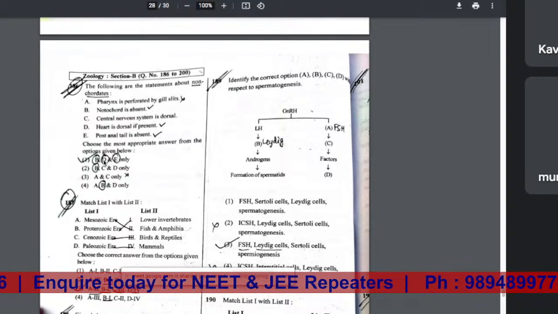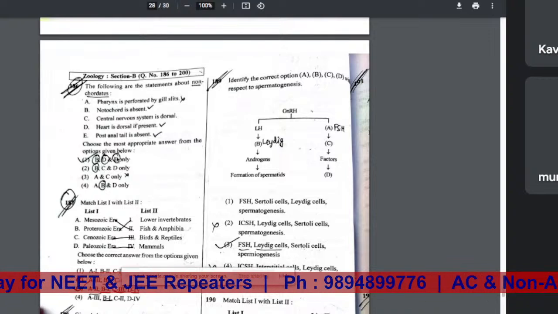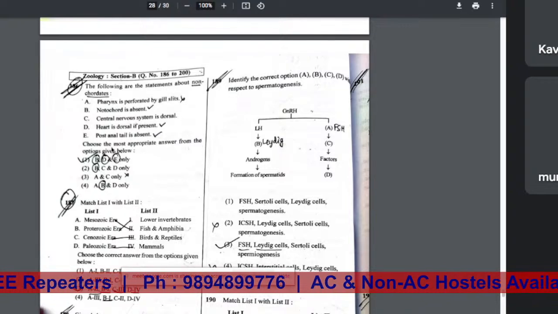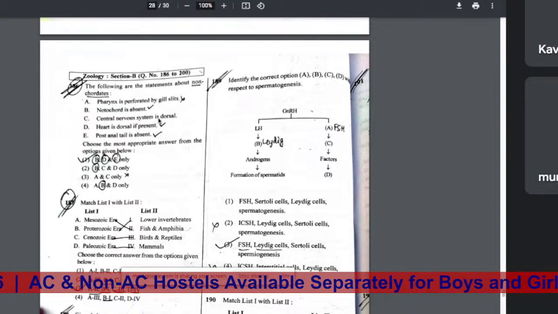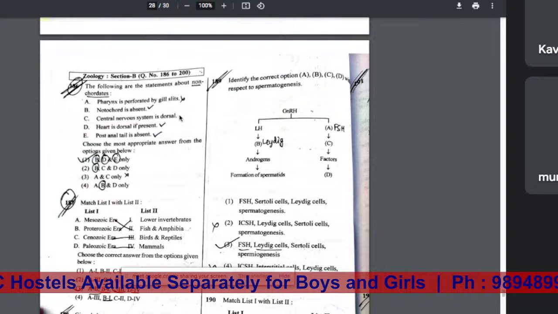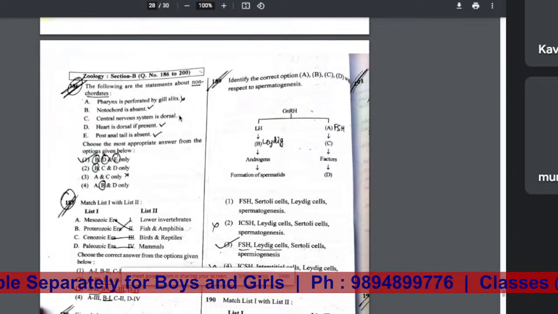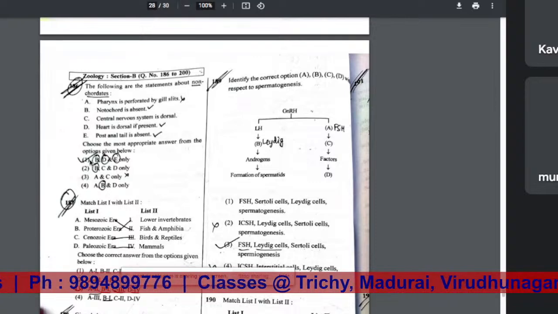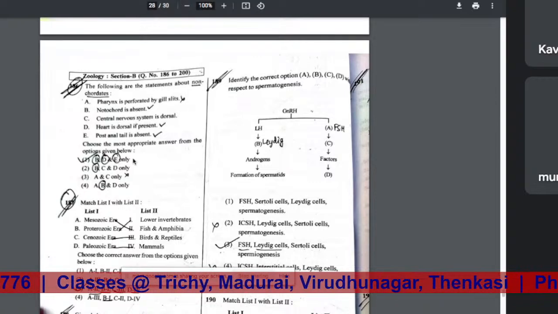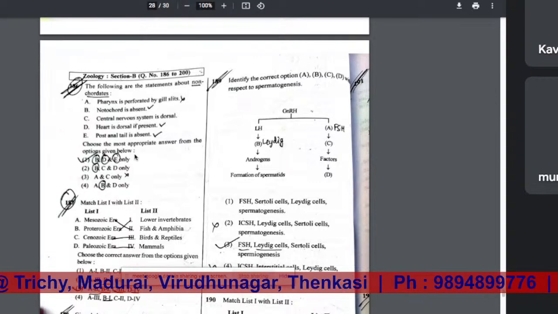Now you have to determine whether C is correct or E is correct. C is central nervous system is dorsal. That happens to be something related to chordates. So the moment you know that C is wrong, the answer can only be one, which is B, D and E only. Option 1, B, D, E.